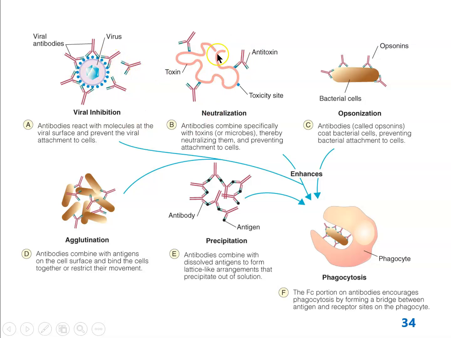This would be a big protein toxin with antibodies attaching to it, sticking off of it. There's no way this is going to interact with the cells normally either. So this is how we can inactivate the tetanus toxin. This bacterial cell is now opsonized, and it's going to be much tastier to a macrophage or neutrophil.